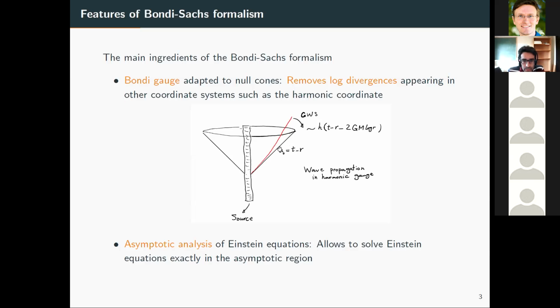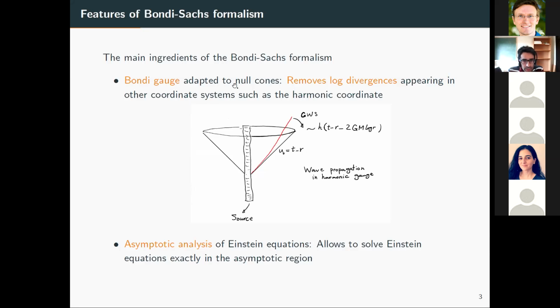But when you consider the back reaction of the source and the wave, you see that there is a logarithmic deviation between the coordinate cones and the physical light cones defined by the congruence of the null rays. But in Bondi gauge, by definition, the coordinate cones coincide with the physical geometrical null cones. And this is very important.